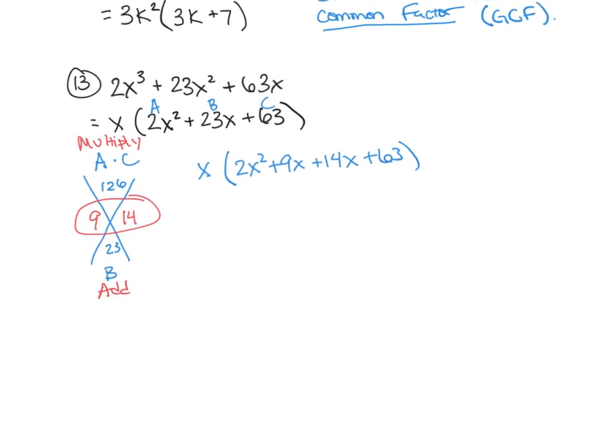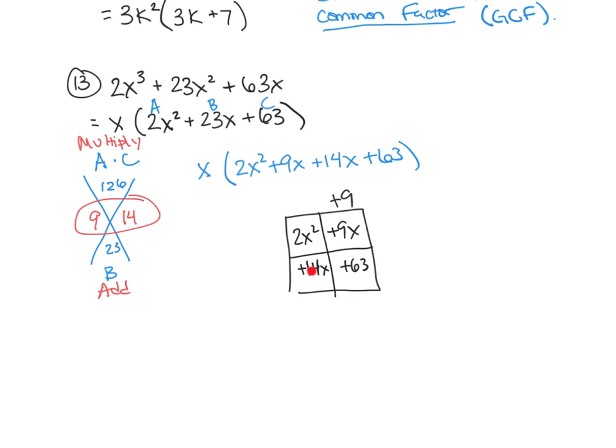So when I draw out the box, just use what's inside the parentheses. We got 2x squared, a positive 9x, a positive 14x, and a positive 63. So when I look up on my right side, 9x and 63, they both have a positive 9 in common.